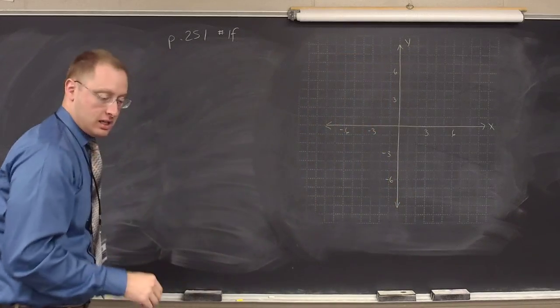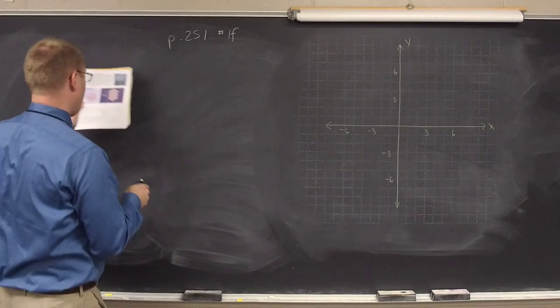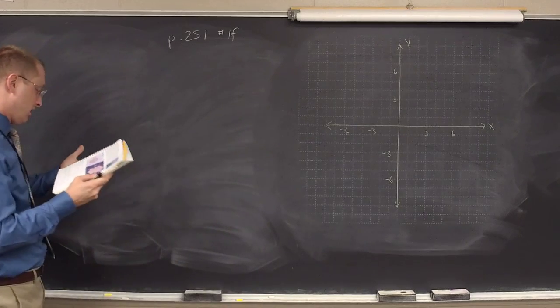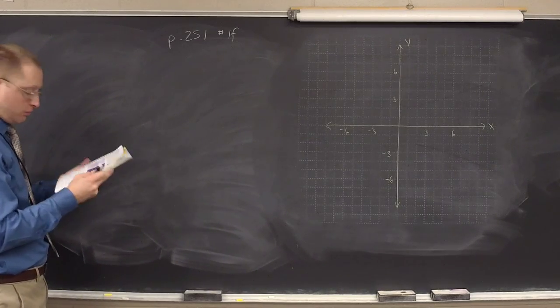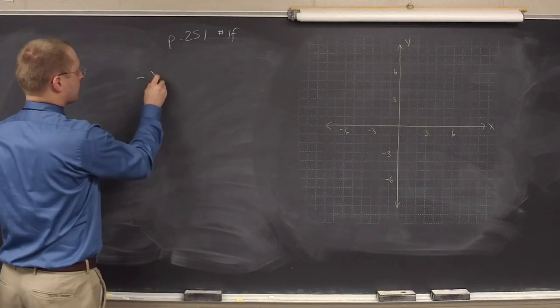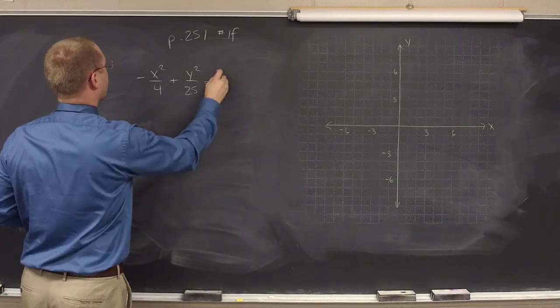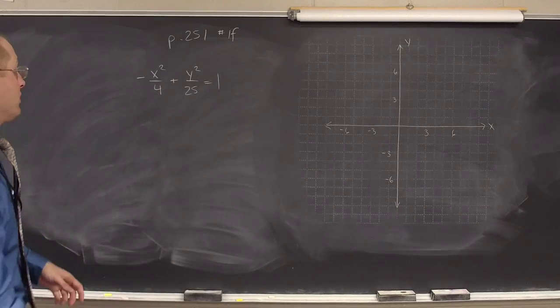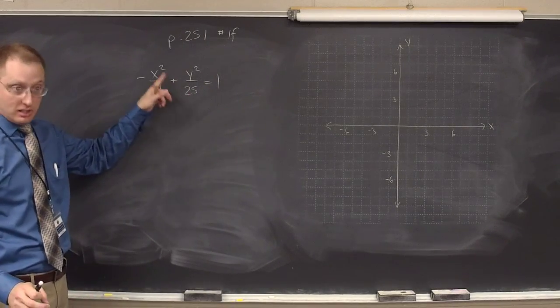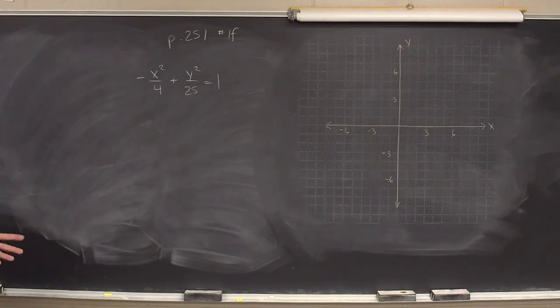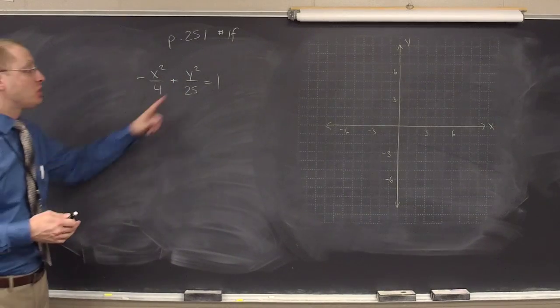All right, Quentin, letter F. When you divided everything by 100, you got? Now, I told you I like the ones where the bigger number under is the positive, because it's going to give you a much more curved hyperbola, and wow, a huge difference here.